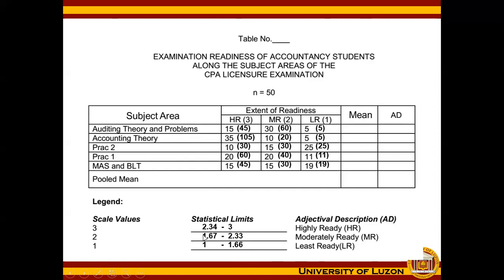So the lower limit is 1.67 for number 2, because next in the number progression is 1.67, and then we have 2.33 and 2.34. Okay, so that's for the computation of the statistical limits, right? So that's how we were able to determine the corresponding adjectival descriptions.